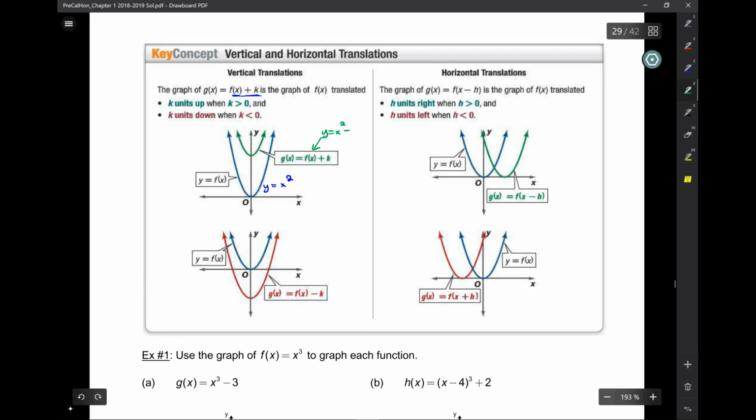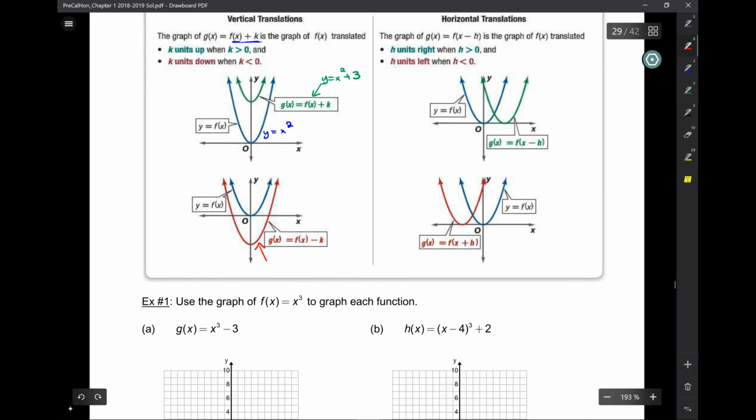Thank you. Go ahead and raise your hands. What would be one for this one? Yes. y equals x squared minus 3. Correct. All right. So now, again, if this is y equals x squared, what would I do for this green one? Somebody raise your hand. Tell me, what would I do for this green one?